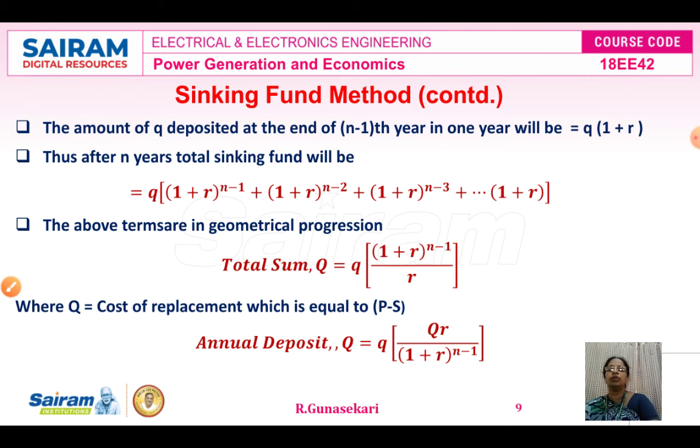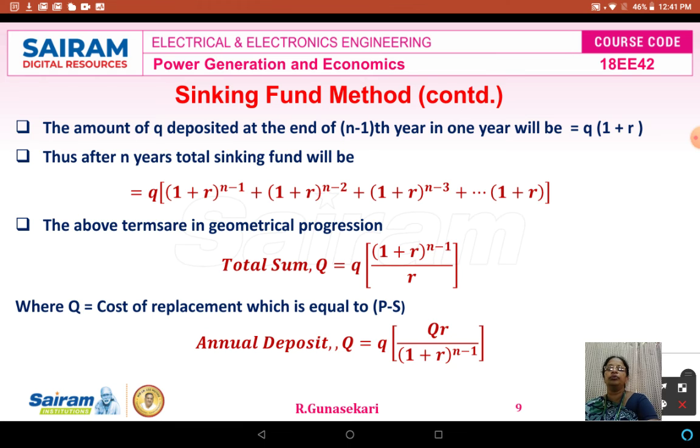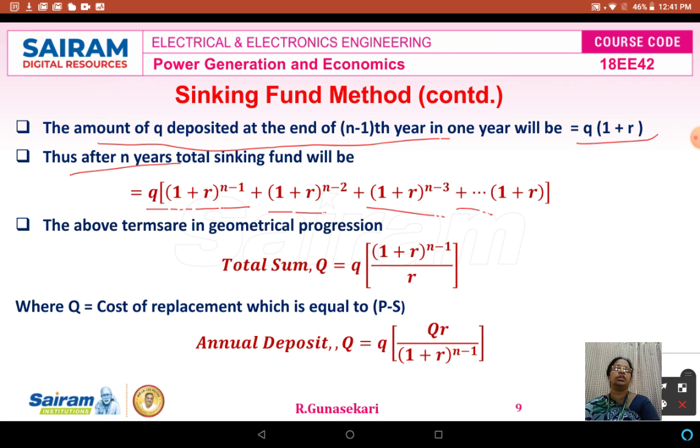Now we calculate the amount of Q deposited at the n minus 1 year, that is Q into 1 plus R. So after n years, what is the formula? Q into 1 plus R the power n minus 1 plus 1 plus R the power n minus 2 plus 1 plus R the power n minus 3 and goes on decreasing.